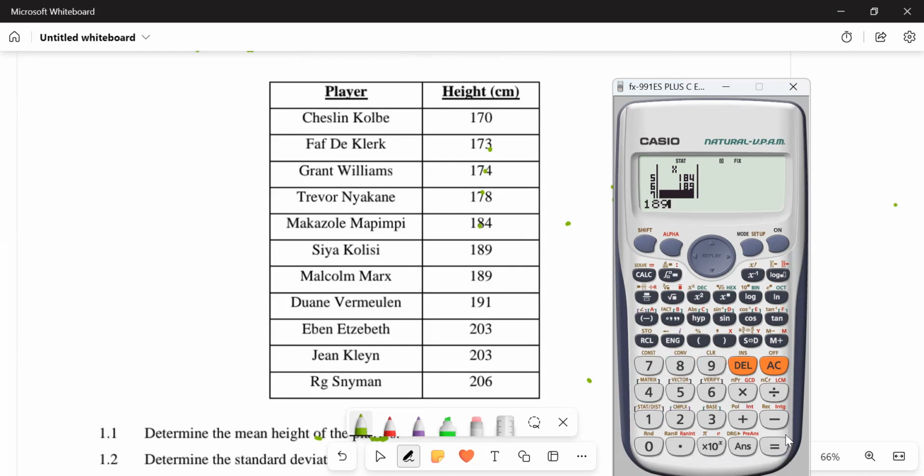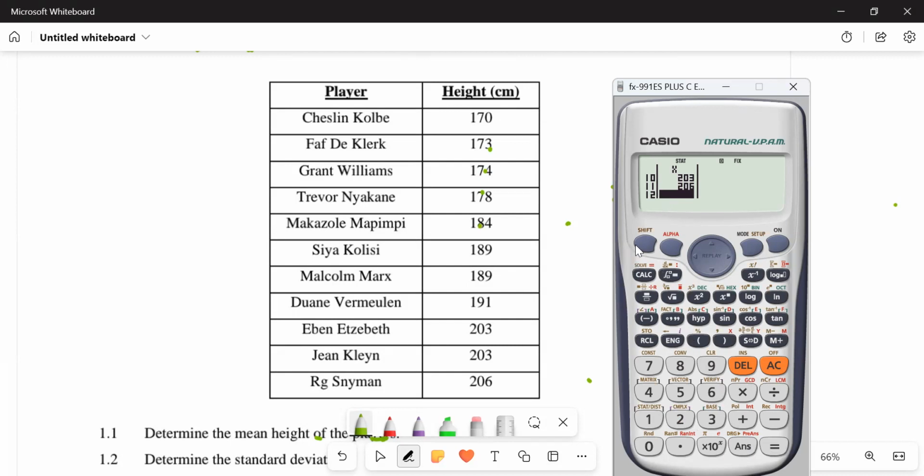What can you tell me about 189? It's the mode, the one which appears the most. We can also have 2 modes, it's possible. Then 191, 203, and 206 equals.